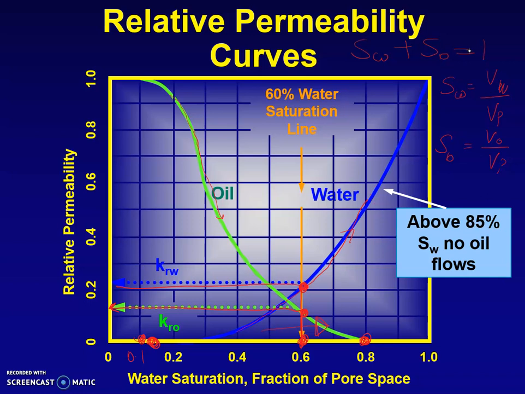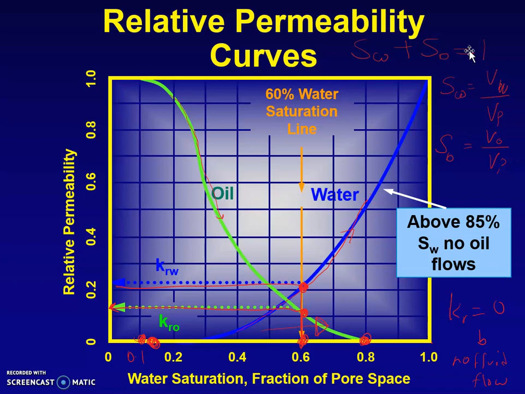Oil has the same situation. You see that from 0 to 20% oil saturation, the oil does not move, you see the relative permeability. If relative permeability is 0, then no fluid flow. That's the general rule. If it's oil, oil will not flow. If it's water, water will not flow, right?